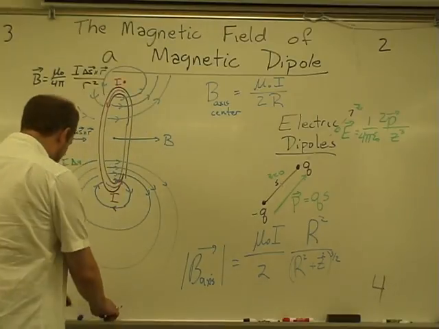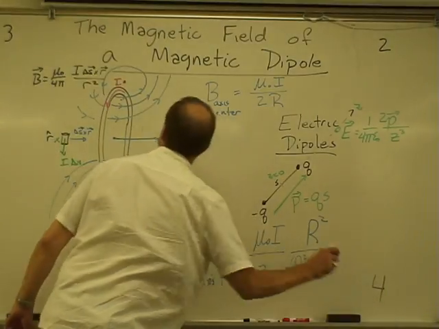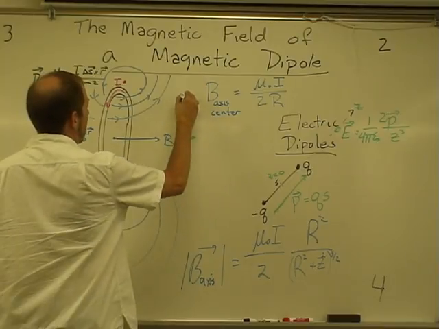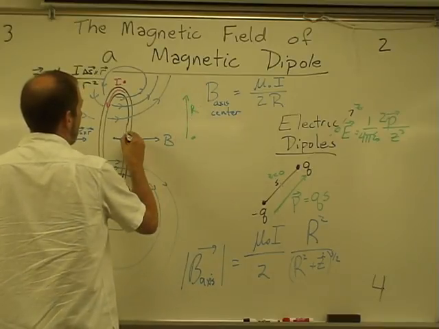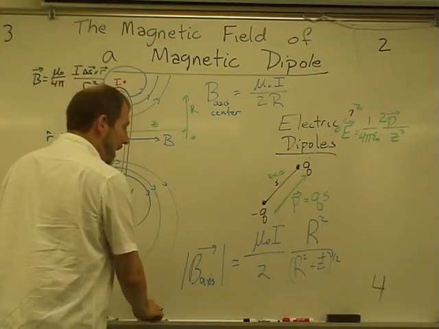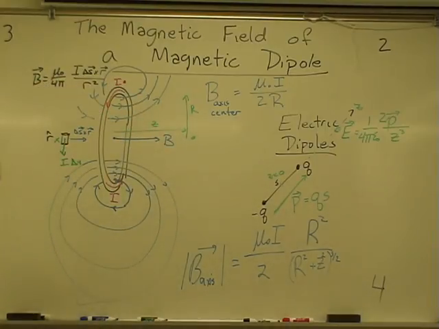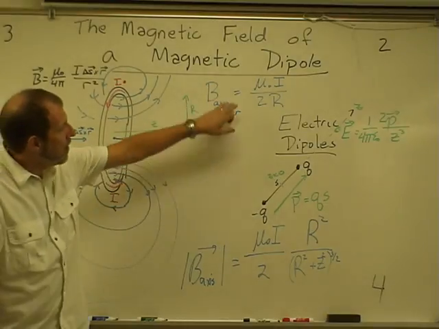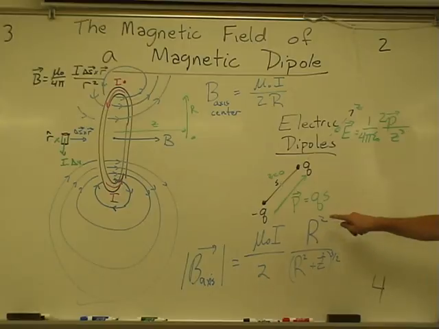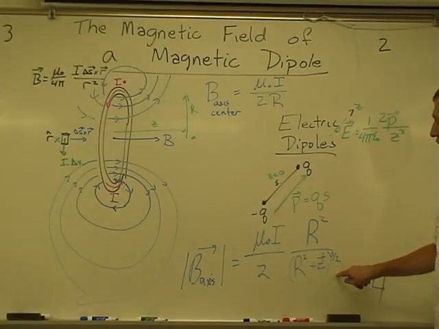If I'm looking at some point out here at some distance R on the ring, and then some distance z along the axis, then as I get farther from the center, this becomes R squared over the quantity R squared plus z squared to the 3/2 power.